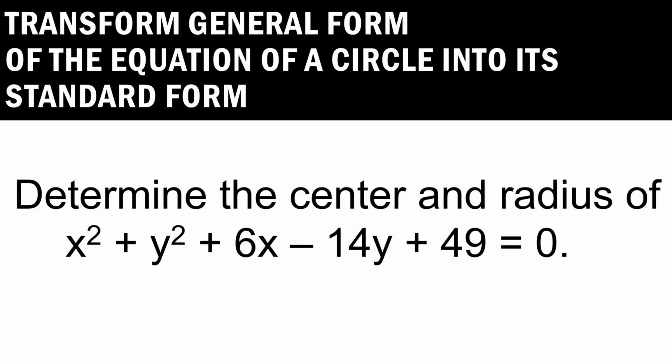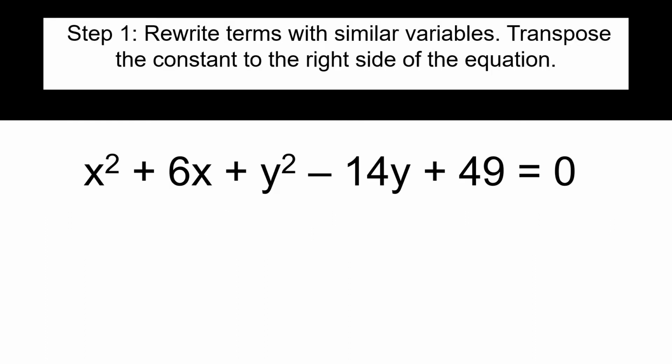So let's determine the center and radius of x squared plus y squared plus 6x minus 14y plus 49 is equal to 0. So kung mapapansin natin, ito yung general form ng equation ng circle. So para makuha yung center at radius niya, kailangan muna natin siyang i-transform into its standard form. So first step, we're going to rewrite terms with similar variables.